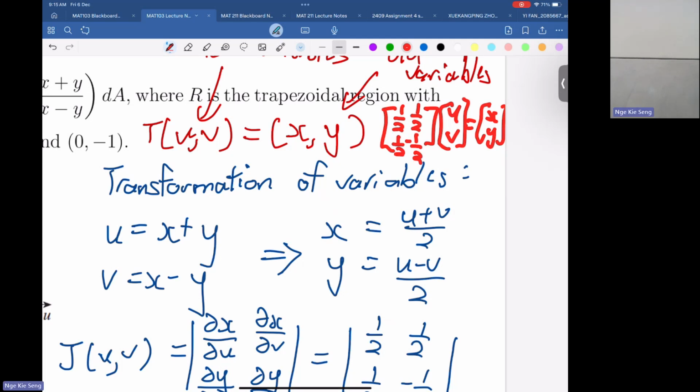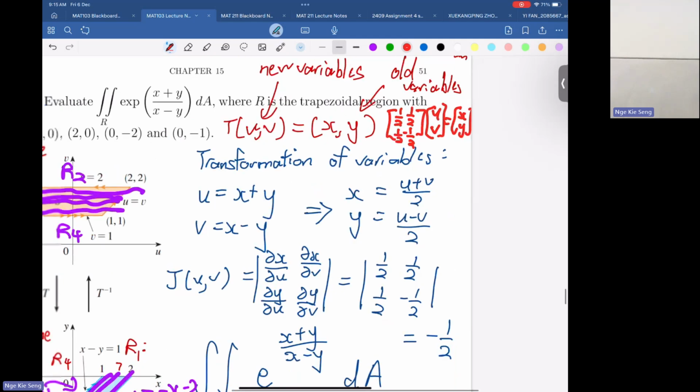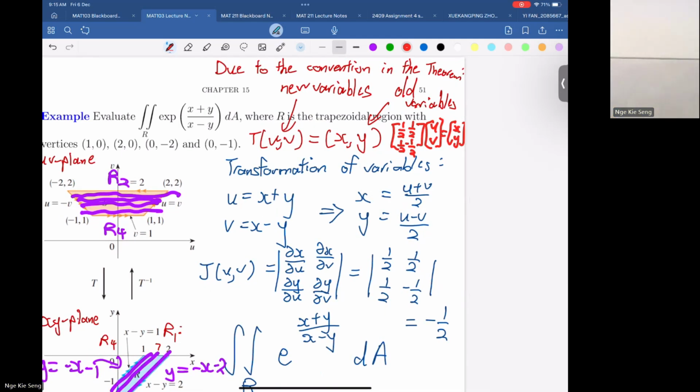The determinant is non-zero. Actually, you are computing the determinant already. That is your Jacobian. Now, if your Jacobian is 0, what happens? You cannot transform. If you really put it into the integral, everything computes to be 0. So that's why we want the Jacobian to be non-zero.